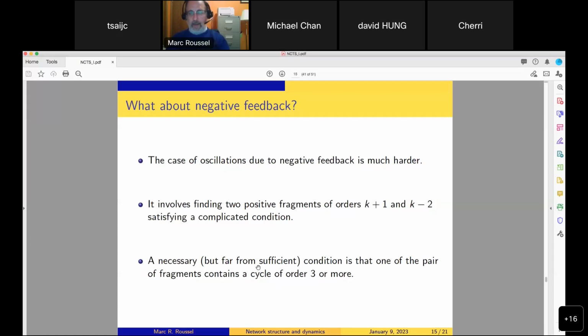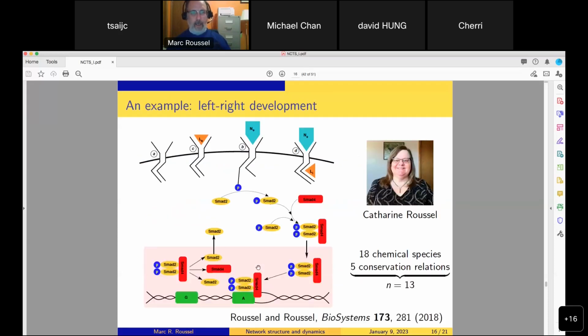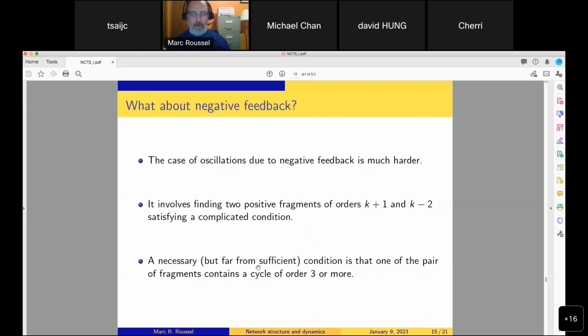A necessary but very far from sufficient condition is that one of the pair of fragments contains a cycle of order 3 or more. So you're starting to look for larger cycles in models and at these interactions between fragments. I should have had a reference here to Maya's paper where she proved this. This is something she did years after she left my group.